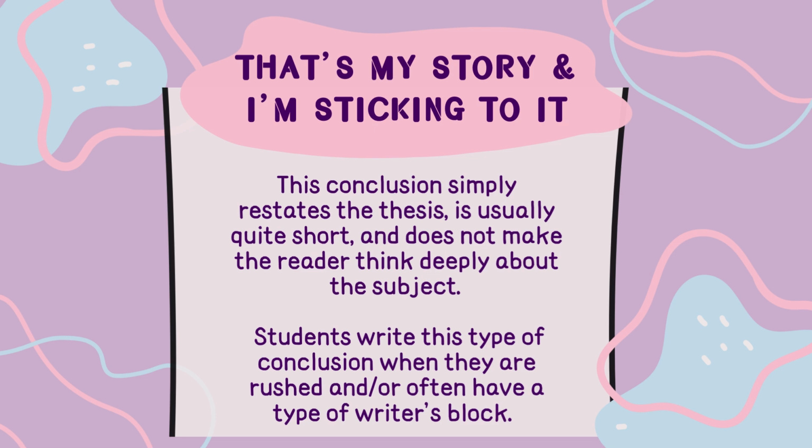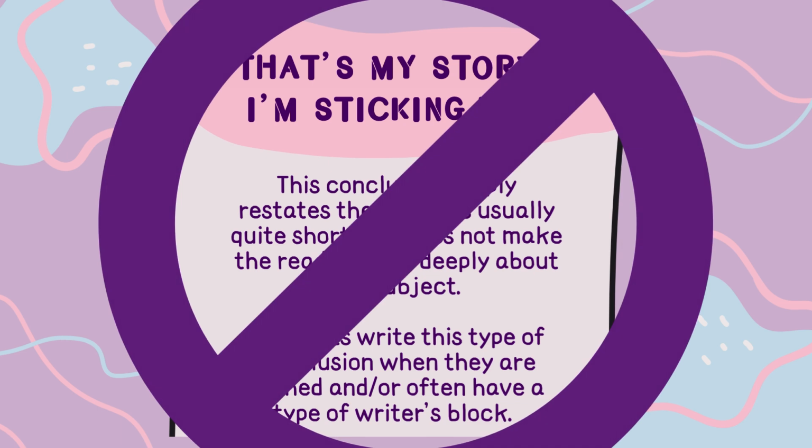So that's my story, I'm sticking to it. Usually students write this conclusion when they're rushed, they're trying to get that essay done and turned in by the deadline, and they're not really thinking it through, or they have some type of writer's block. They don't know what goes in a conclusion. But if you follow the three things I've given you, then you're not going to be doing that's my story and sticking to it.